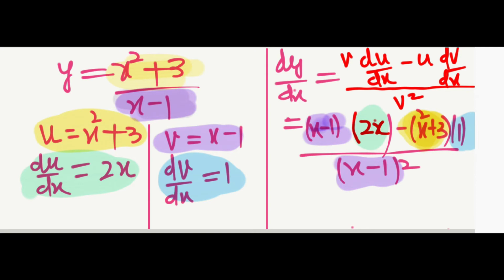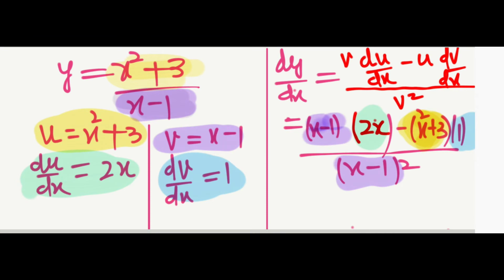Similarly, if v equals x minus 1, then dv upon dx is 1. Now, we give the function u the yellow color, function v the purple color, and for the derivative of u we used light green color, and for the derivative of v we used light blue color.